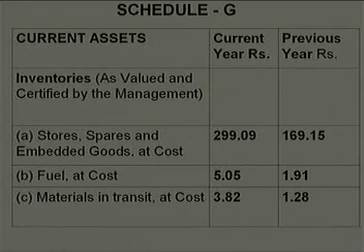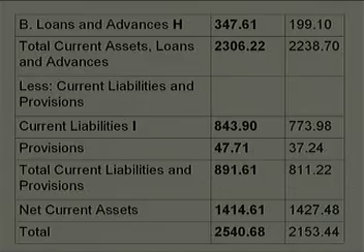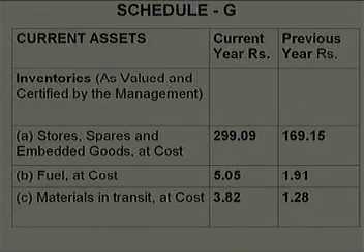For example, I told you that the details are available in different schedules. Now this is the detail of one schedule, which is schedule G. For example, if you refer to previous things, in this particular slide you can see current assets details are to be found in schedule G. So what I have done, I have given you a slide of schedule G also. If you look at schedule G, it will have this information: current assets, under that stores, spares and embedded goods at cost.